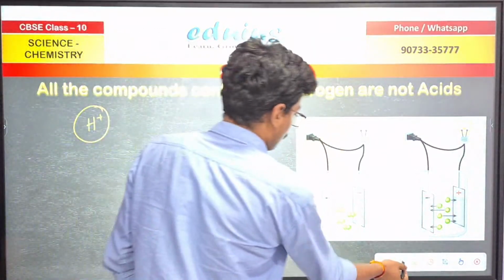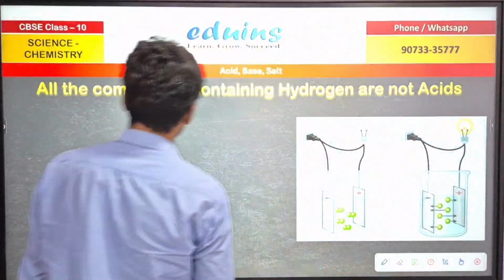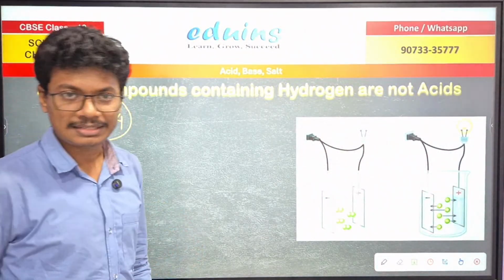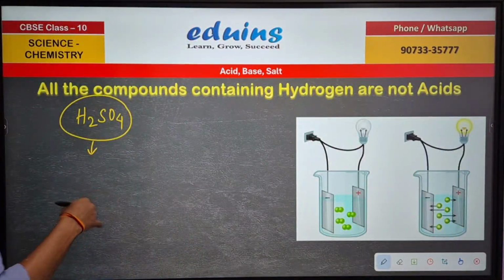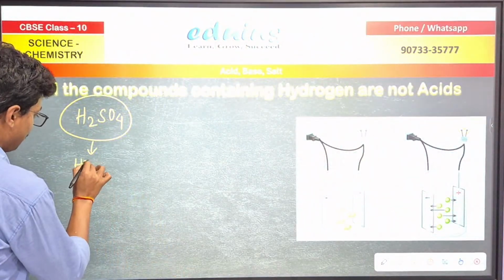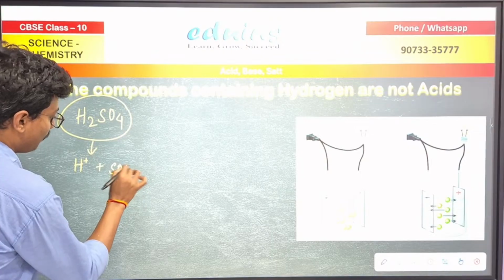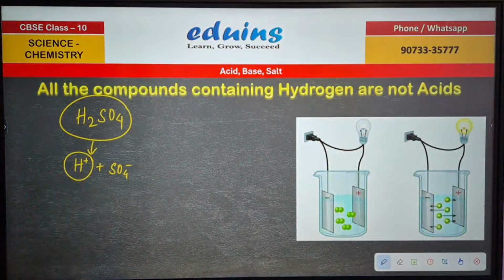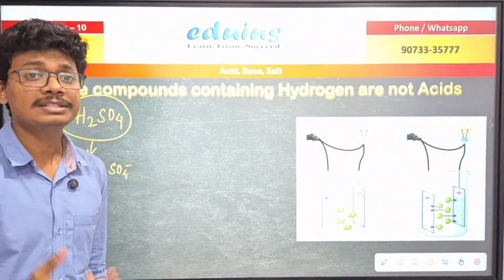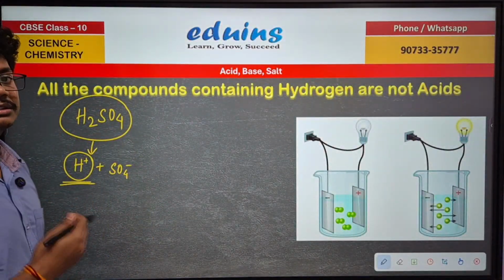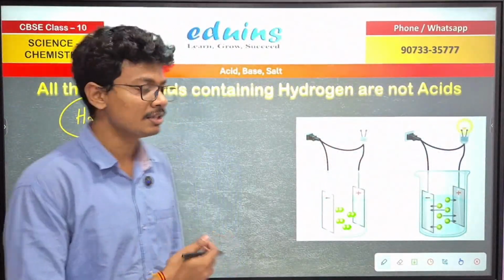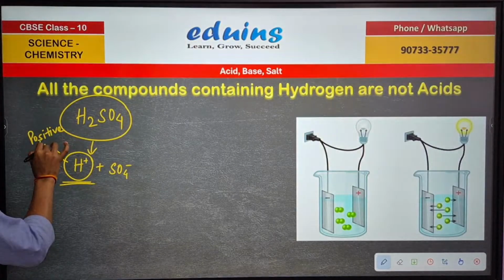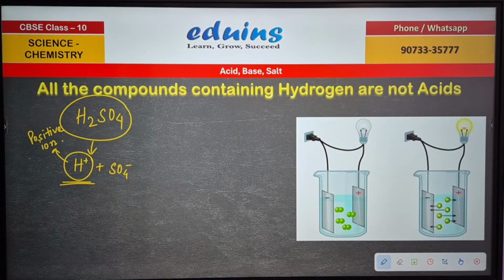Like H2SO4, sulfuric acid. In aqueous solution it dissociates into H plus ions and SO4 minus ions. The hydrogen ion released from H2SO4 or sulfuric acid can conduct electricity because it is an electrically charged particle, as it is a positive ion.